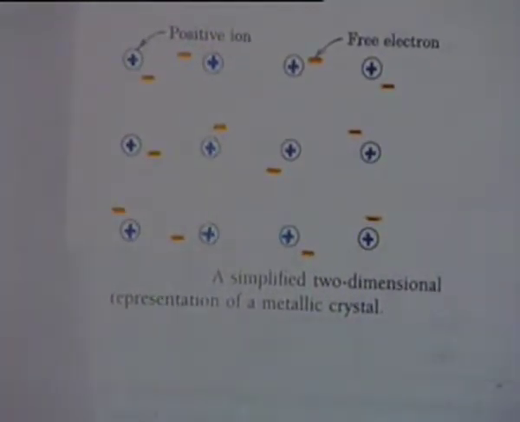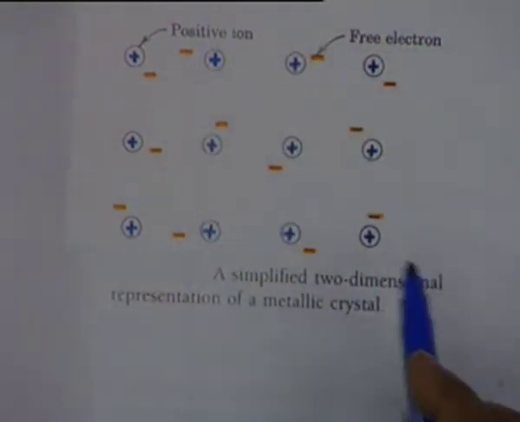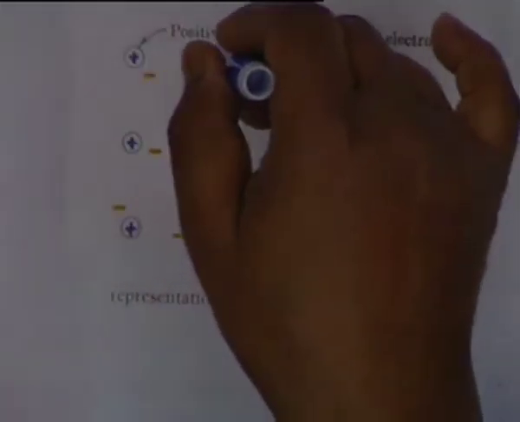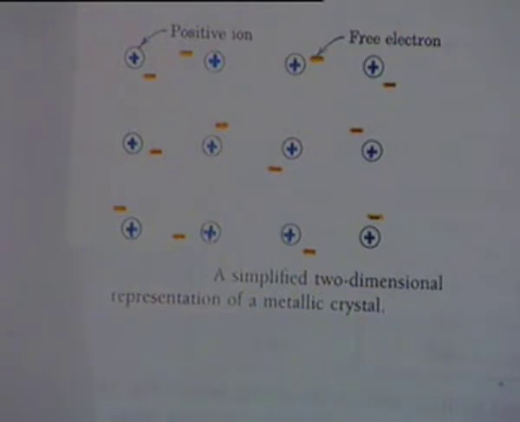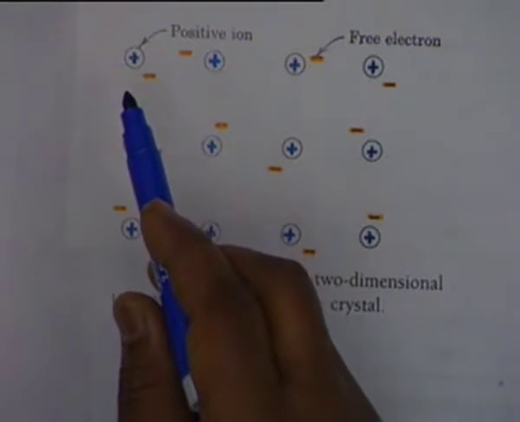The outermost electrons are usually very loosely bound to the nucleus, and therefore a small amount of energy, maybe a rise in temperature, is enough to dislodge some of these outermost shell electrons, and they wander around freely. In this two-dimensional representation, these are the atoms, the nuclei, along with their inner shells of electrons rotating around them. And when an electron leaves a particular atom, it becomes positively charged.